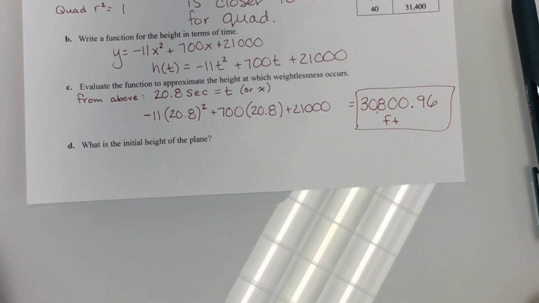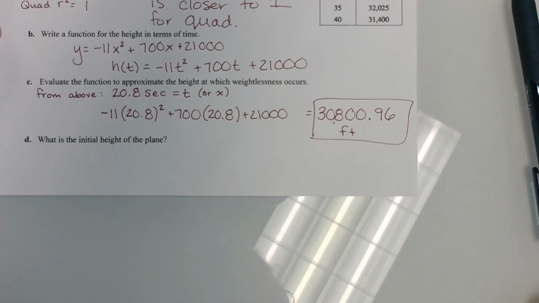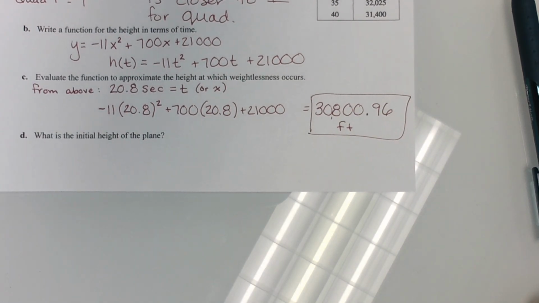But there's one thing you have to keep in mind, and it has to do with the final question. What is the initial height of the plane? Because it didn't start at 0. In this scenario, the initial height is not from the ground at takeoff. It's from when they start this maneuver to get weightlessness to happen.